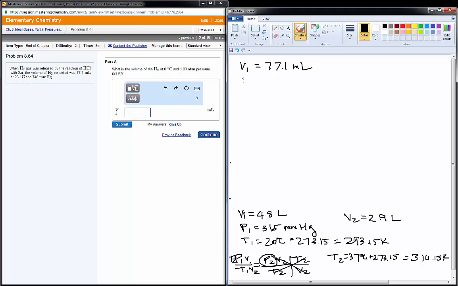Original temperature, 23 degrees Celsius, so add 273.15, that's going to be 296.15. And initial pressure was 748.